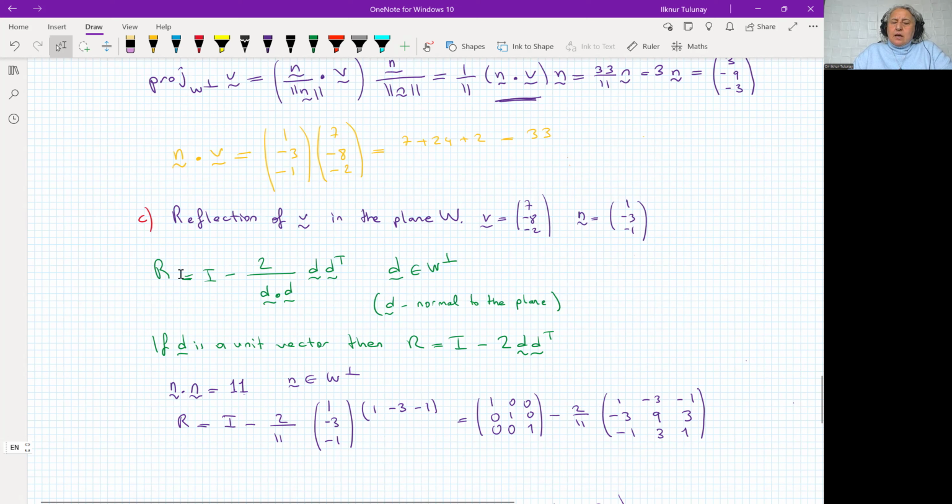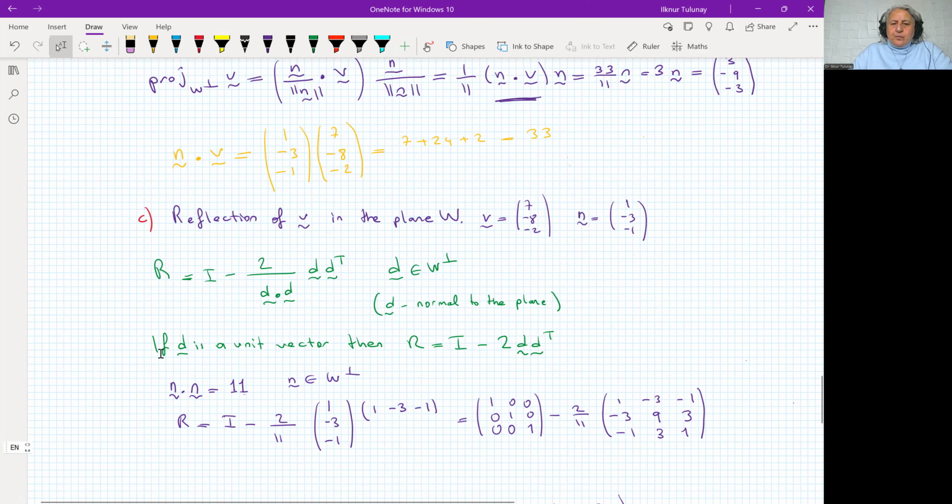This matrix R gives the reflection of v in the plane W, where n here is the normal vector of the plane. The formula here involves a dot product and a matrix multiplication.